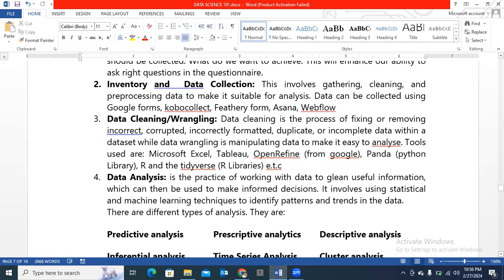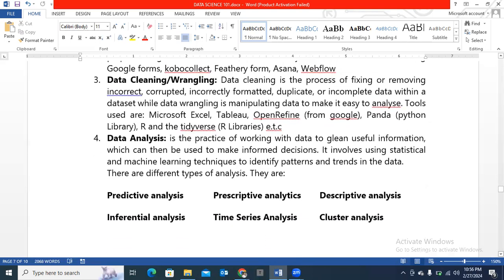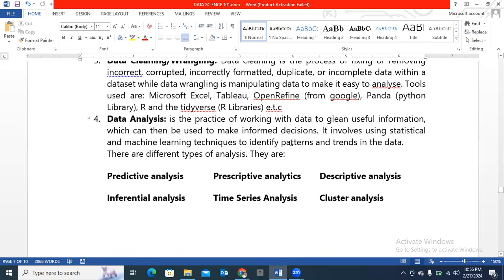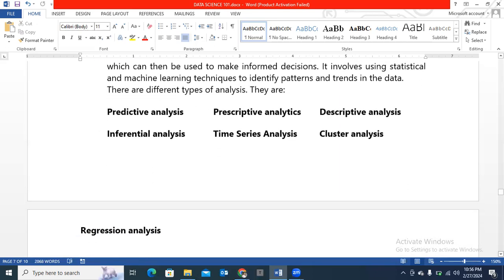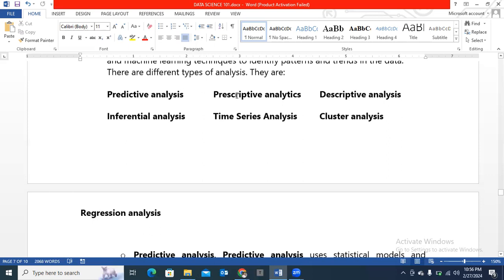Next is data analysis. The type of data analysis that we want to do will actually determine what software we will use. We have predictive analysis, prescriptive, descriptive, inferential, time series, cluster, and regression analysis.